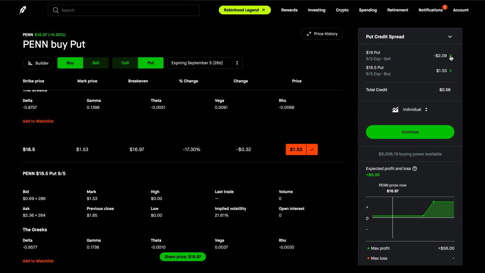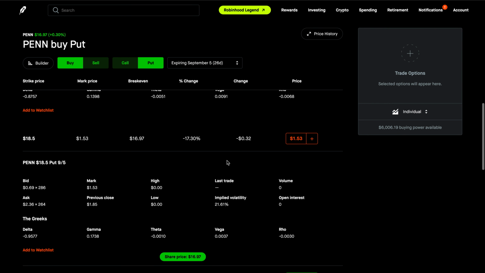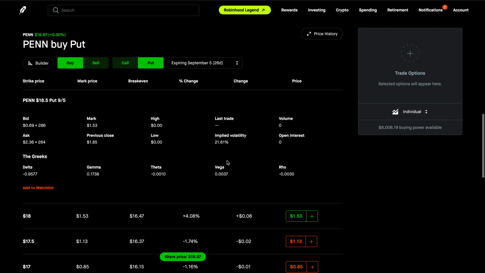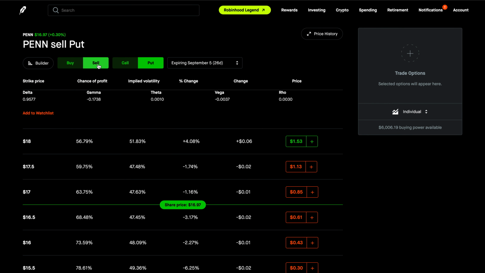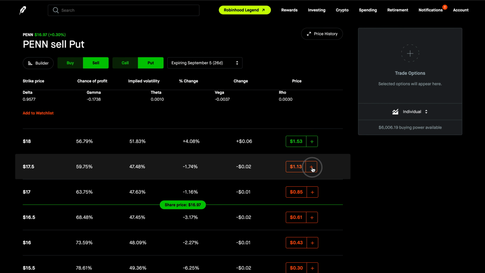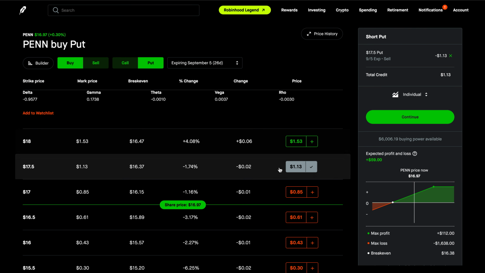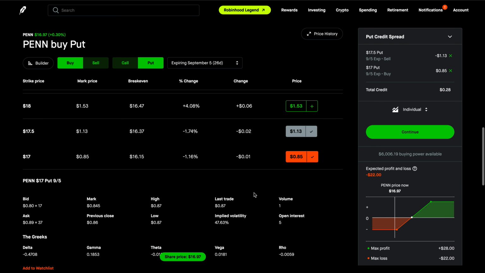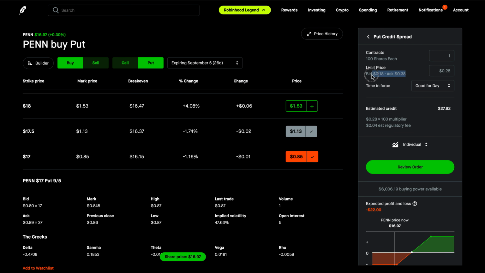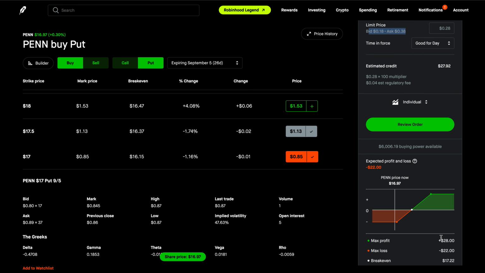If we go back and we remove these and we do something that has a little bit more liquidity, let's say instead I sold the put at $17.50 and I buy the put at the $17 strike. Even though these still don't have very high liquidity, they do have some volume, some open interest. Now we'll see the bid-ask is a little bit more normal. And so now you're not going to see this thing where it shows you that there is no loss here.